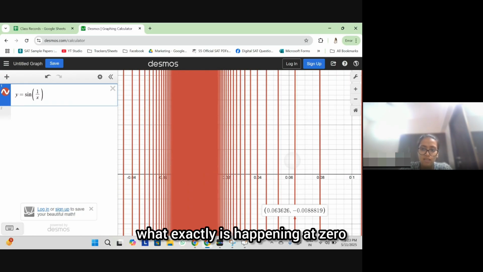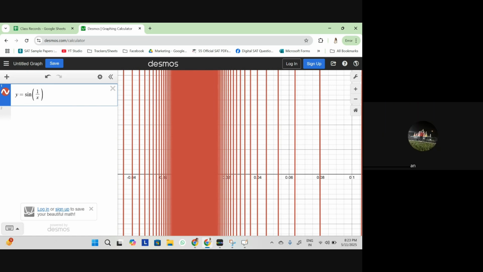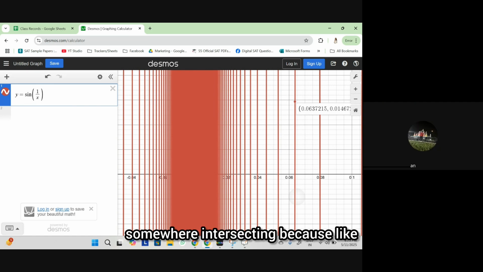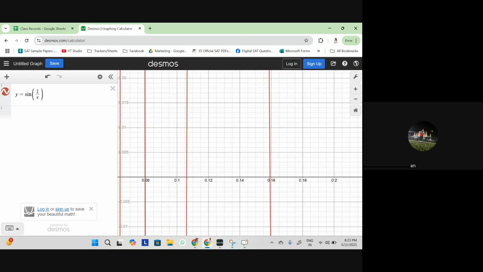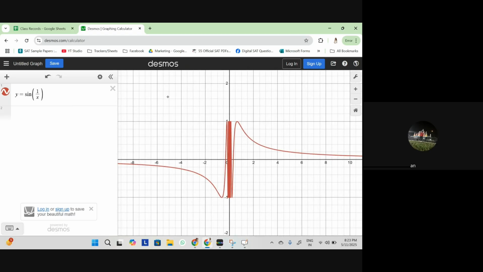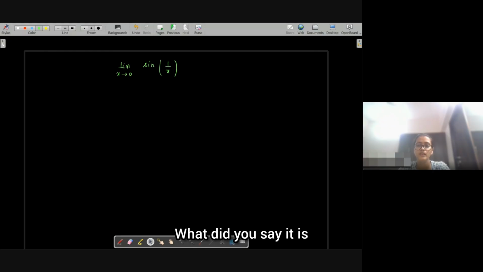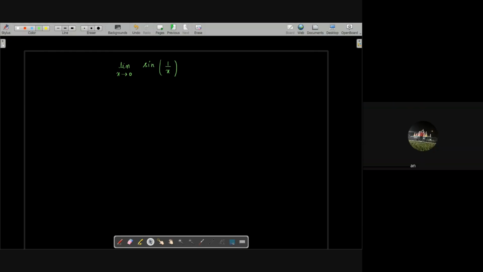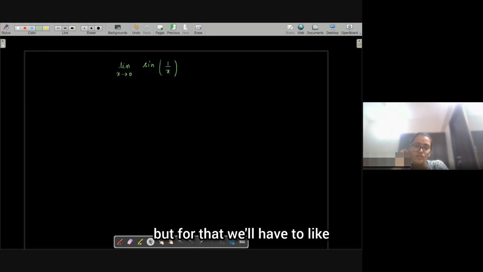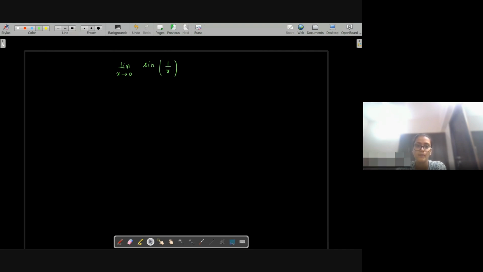Can you guess what exactly is happening at 0? It is undefined. But for that, if we really look at the points which are greater than 0 and less than 0, we'll have to find out the value of the sine function.